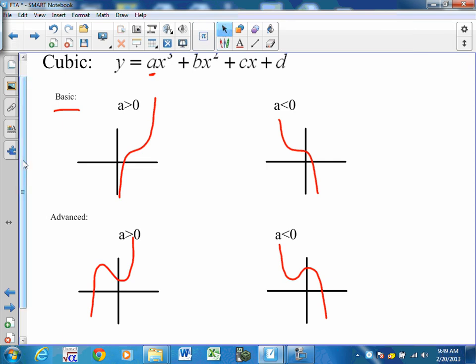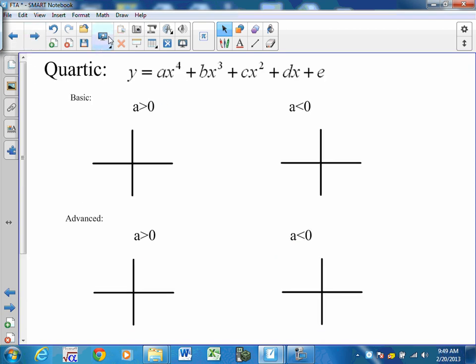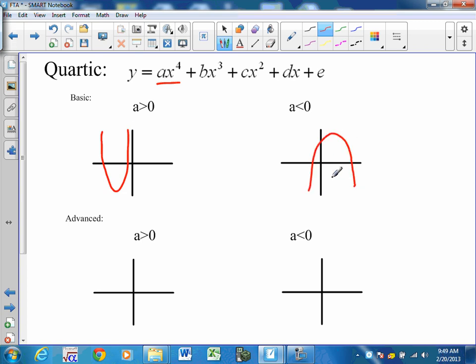If we have a quartic, that's a fourth degree. A basic fourth degree will look just like a quadratic. It may be a little narrower, it may not, depending on what a is. But you can't really tell by just looking at a graph if it's a quadratic or a basic fourth degree. It can be a little more advanced, and it may have a bump in the side, or it could open down and have that little bump out to the side as the B's, C's change.